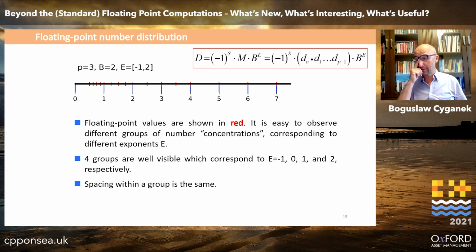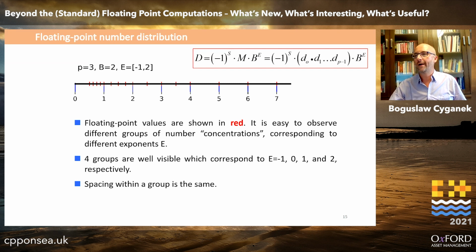So we always approximate. So the vast majority of values are just the closest, which are the closest red points in this example. So this simple model is just useful to understand what we are dealing with, and also because the representation is in the normalized form with this leading one, we have a problem representing values close to 0.